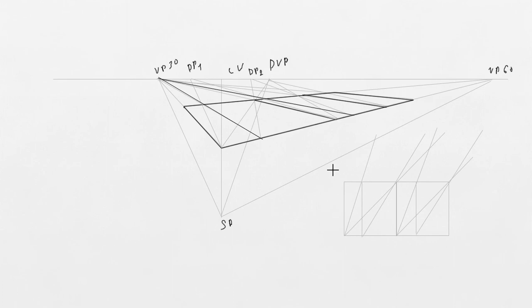Remember that we could solve every perspective problem out of perspective. Well, if we have, let's say, this narrow rectangle and we want to duplicate it exactly here, okay, we could use our distance point, right? No problem. But we could use also simple geometry.